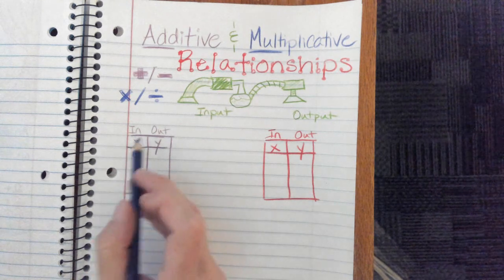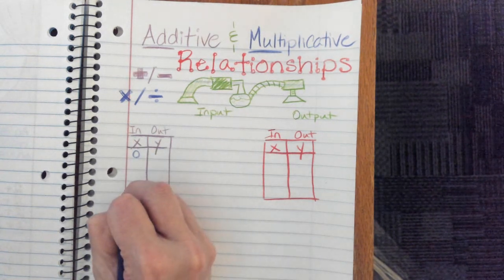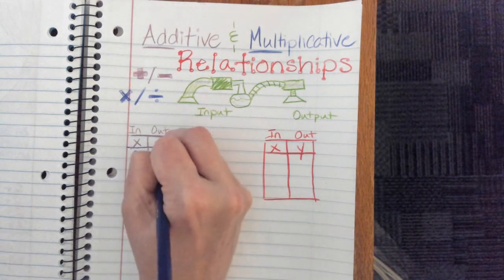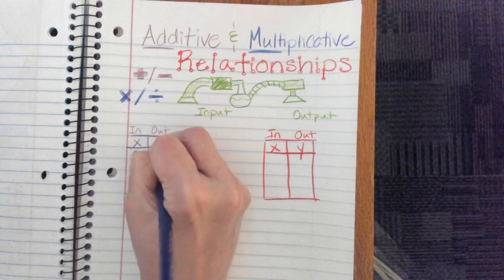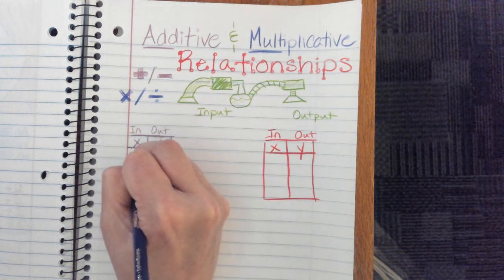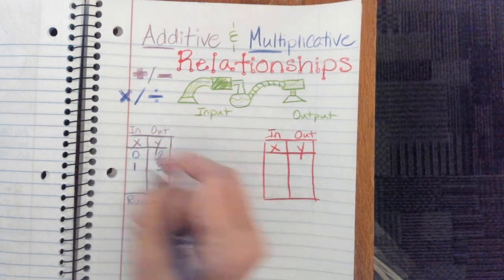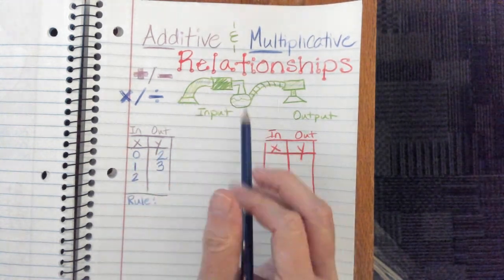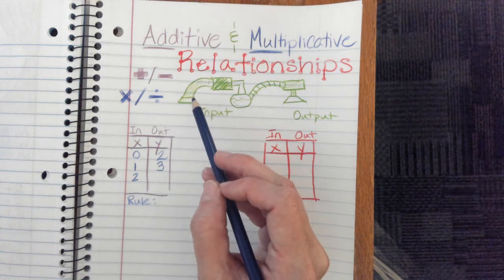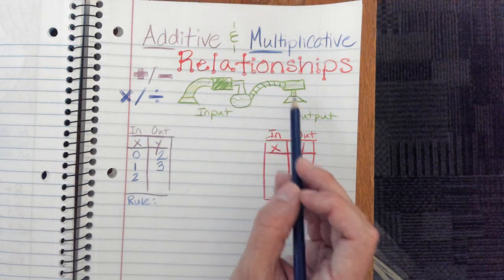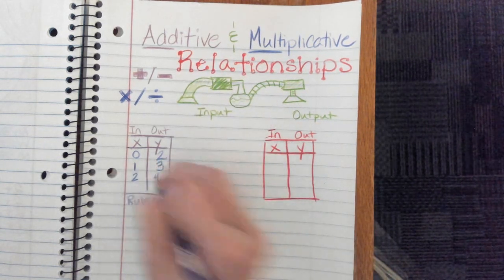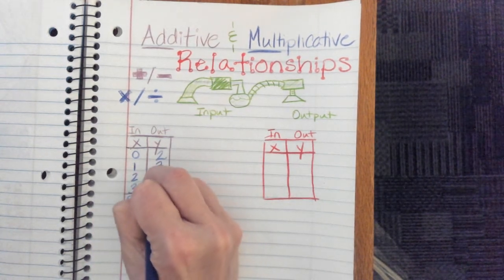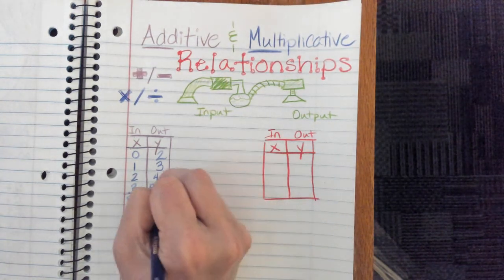Okay, so let's say that I put in a 0. I'm going to ask you at the end what the rule is for this table. If I put 0 in, I get 2 out. If I put 1 in, I get 3 out. If I put 2 in, and when I say in, I'm saying like if this was in a machine, I put the 2 in, I get 4 out. And if I put 3 in, I get, oh, not 6, I'm sorry, 5 out.